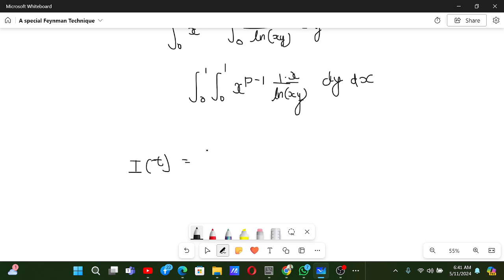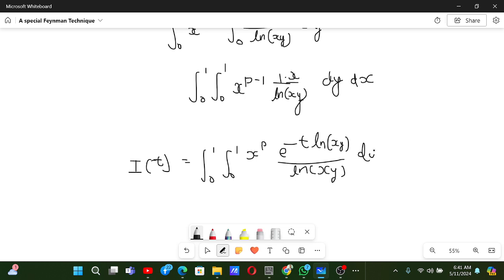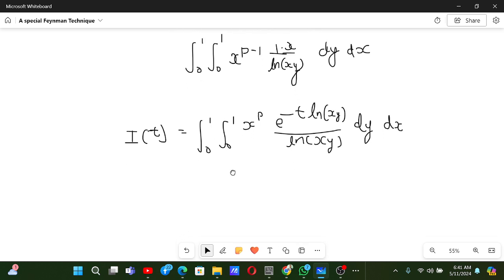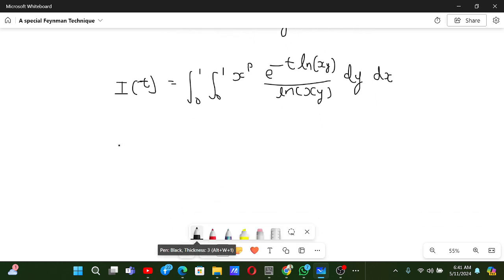as the integral from 0 to 1, integral from 0 to 1 of x^p, this is actually just x^p, and e^(-t ln(xy)) divided by ln(xy). If we do this, and now if we differentiate with respect to t, we see that the ln(xy) in the denominator is going to get cancelled. Yes, and that's a great boon for us. So let's differentiate with respect to t.